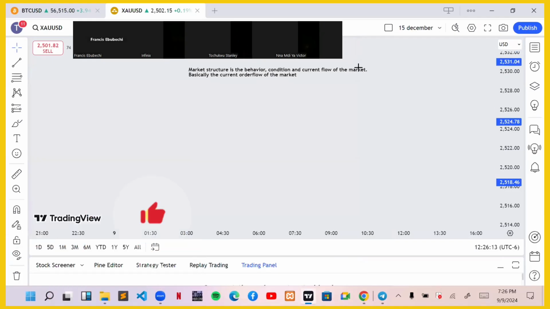So market structure is the behavior, the condition, and the current flow of the market. Basically, the current order flow of the market.